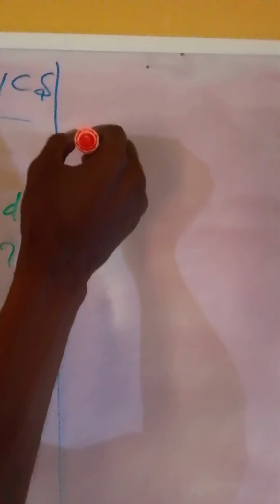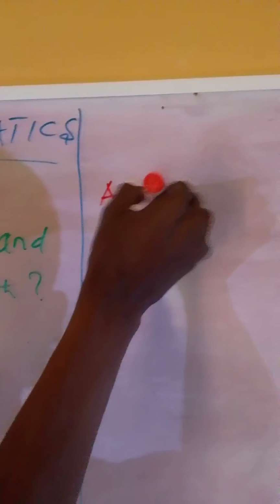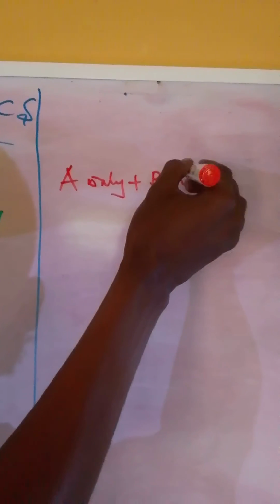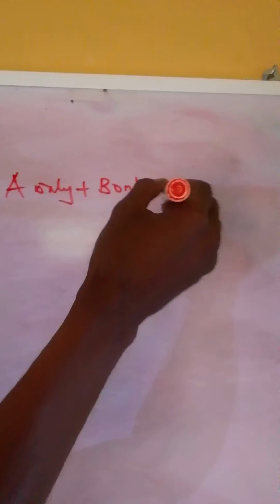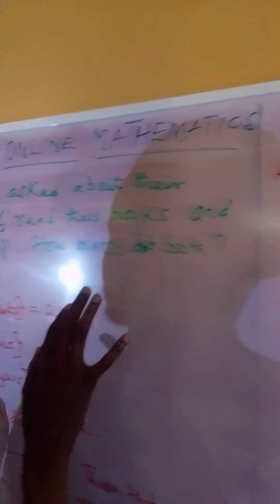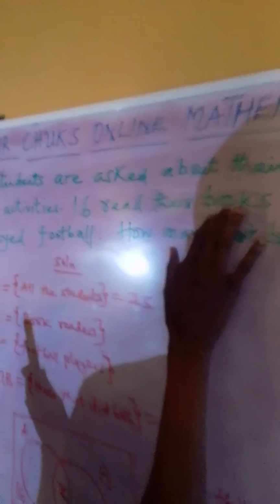So we now have A only plus B only plus those that did both plus neither equal to U. Of course, we are not told that there was any student that did not read his or her book nor played football, so there's no neither there.